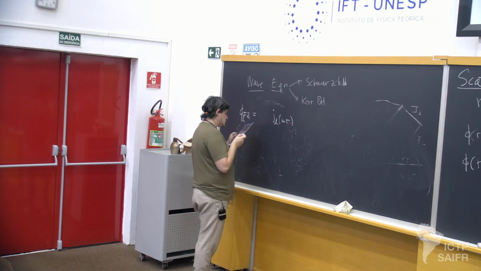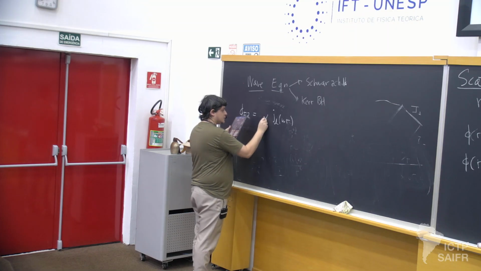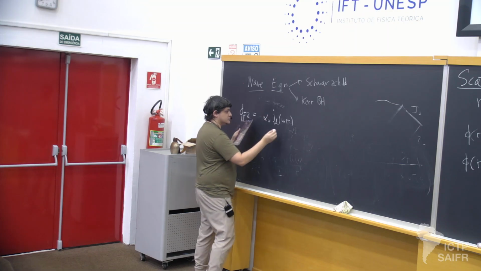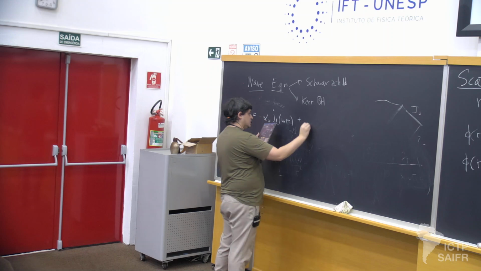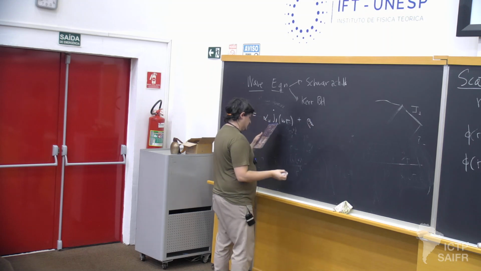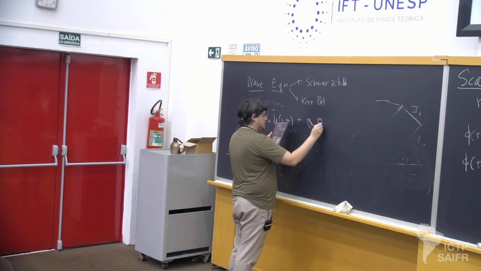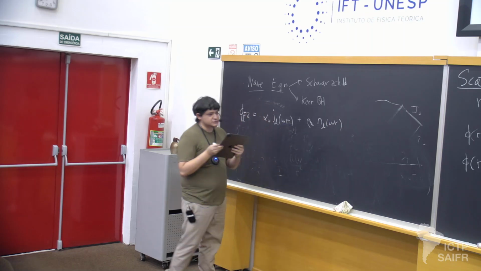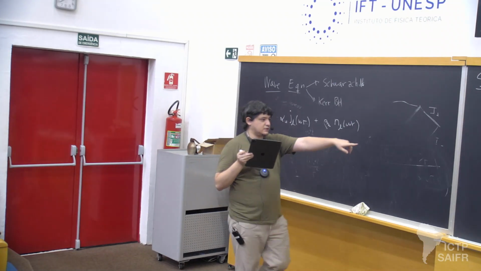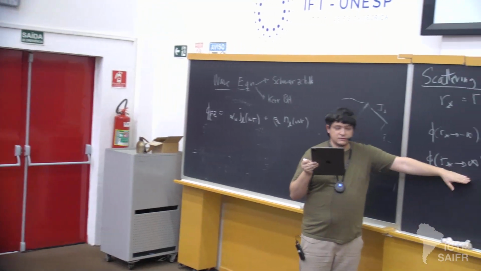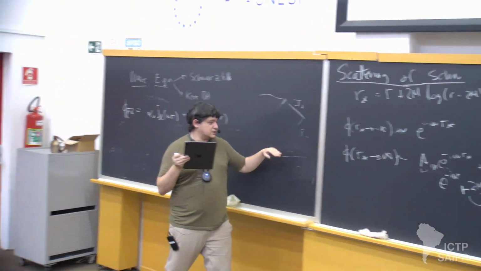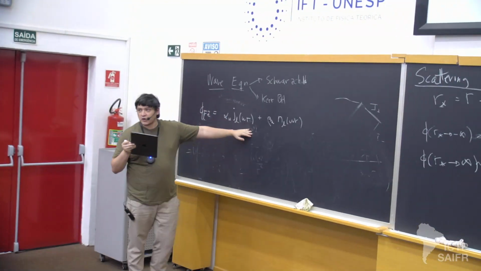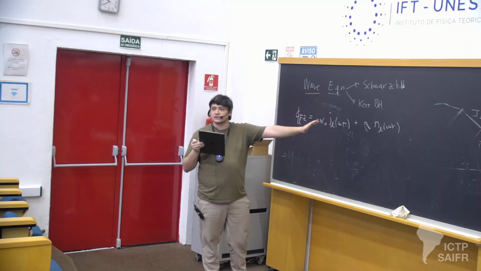There's some coefficient alpha, which depends on omega, and then there's some coefficient beta that depends on omega 2. So not surprisingly, there are two solutions. Those are precisely the ones that we had from the asymptotic expansion, but this is not asymptotic. This is the whole far zone equation, okay?